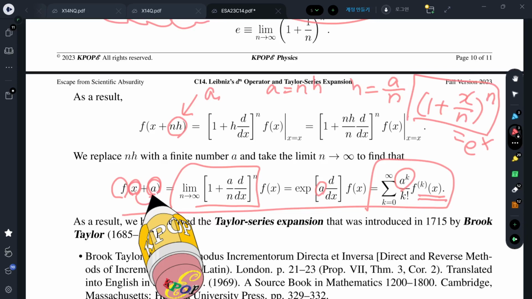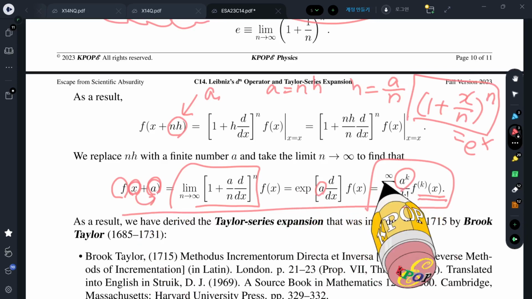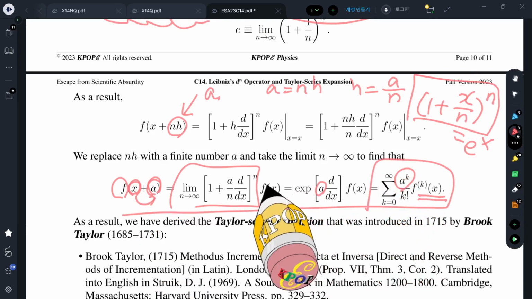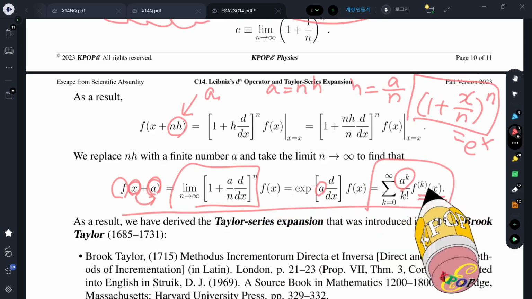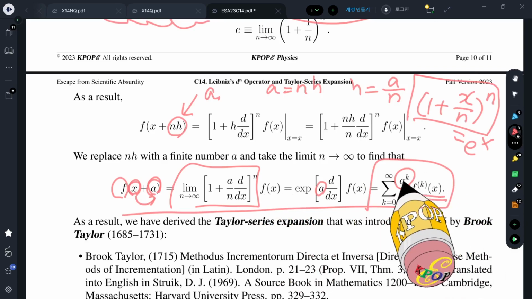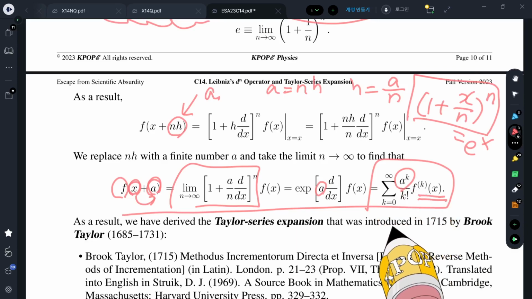If you study calculus, I think you will take more than several months to reach this point. This is the physicist way of developing tools of calculus to solve physics problems.